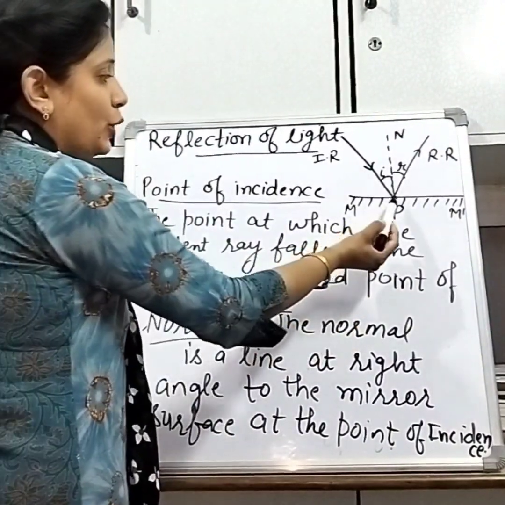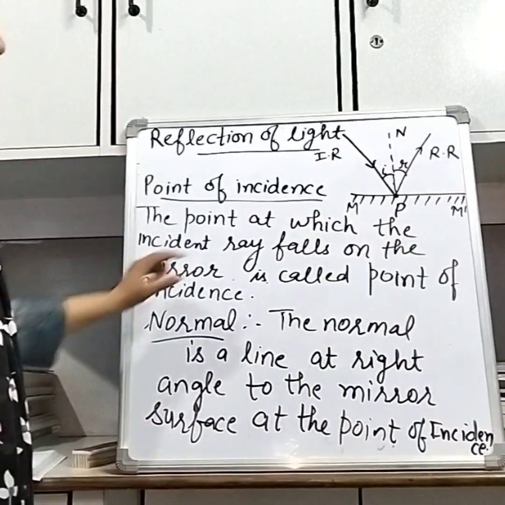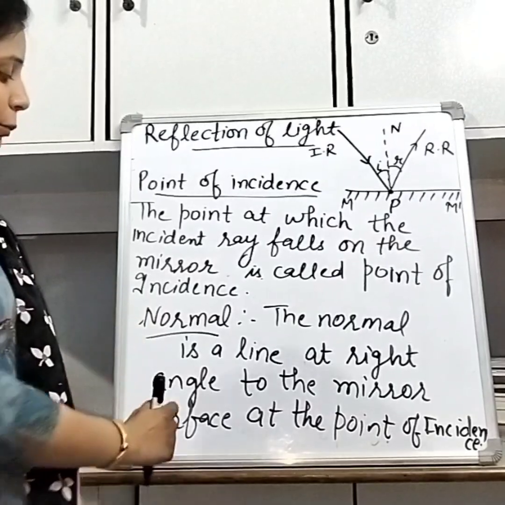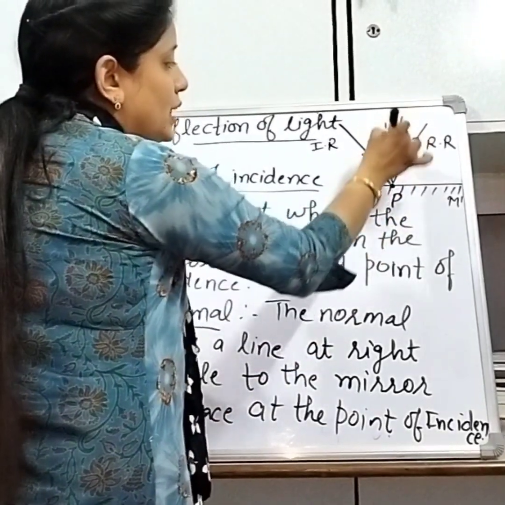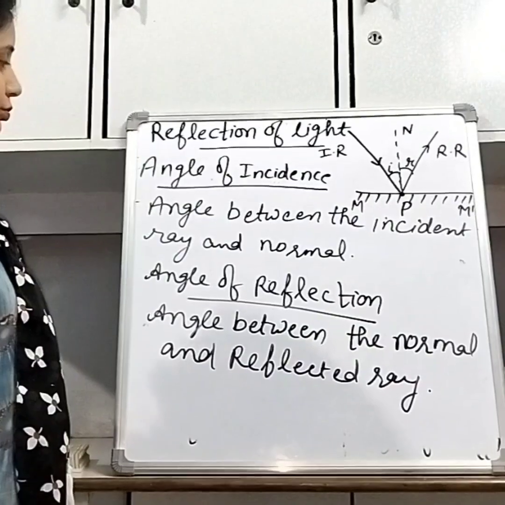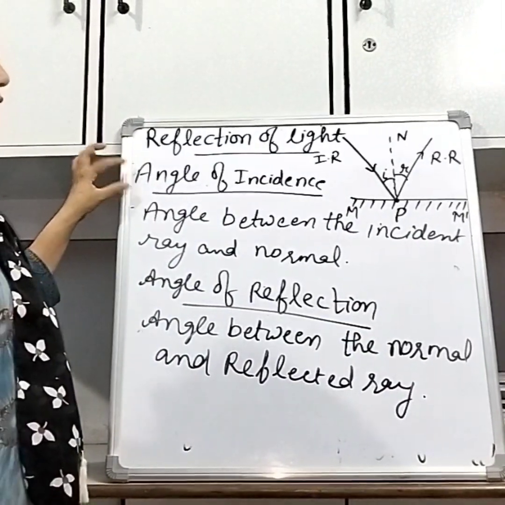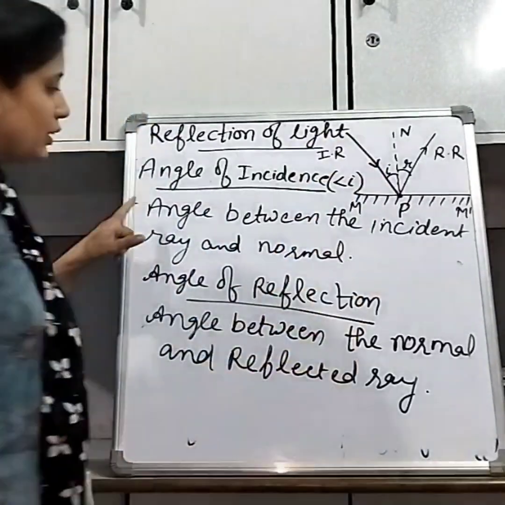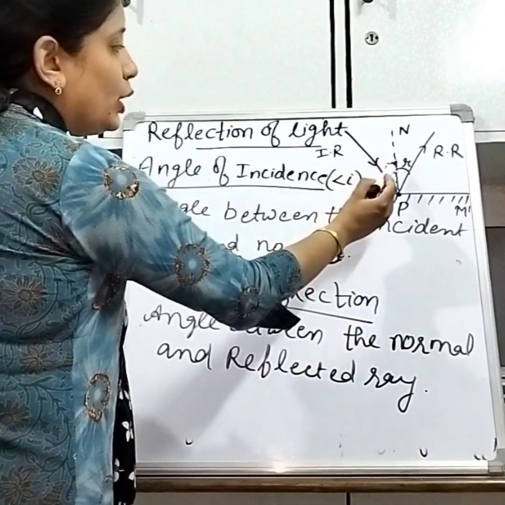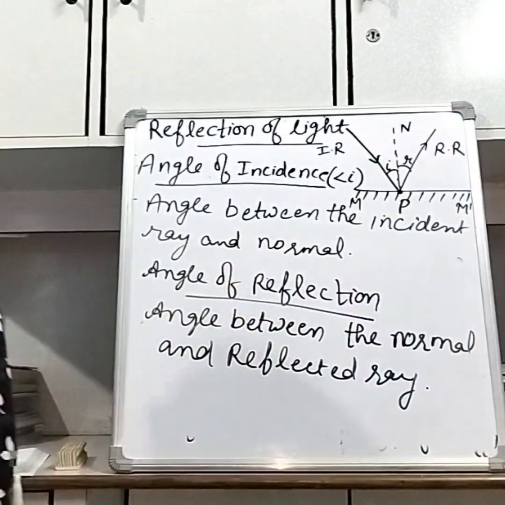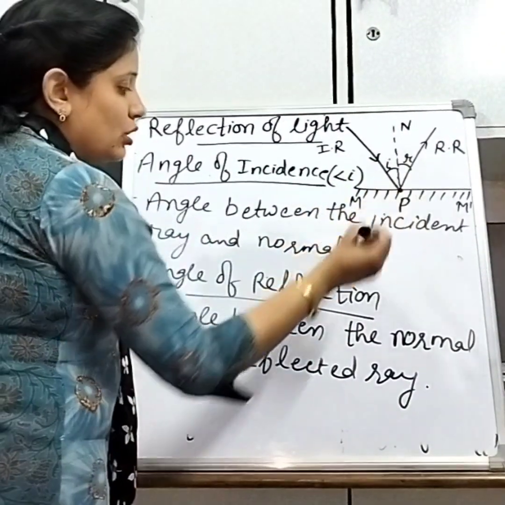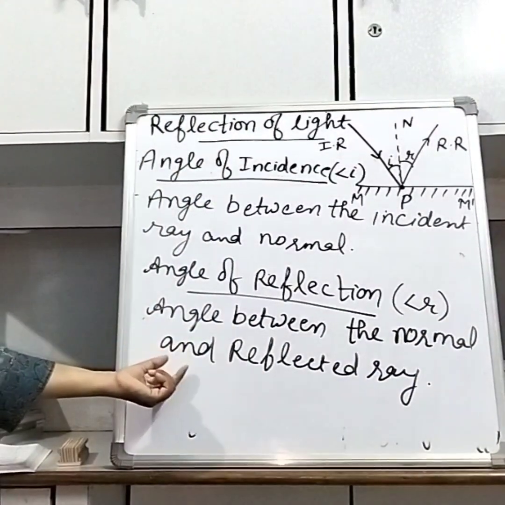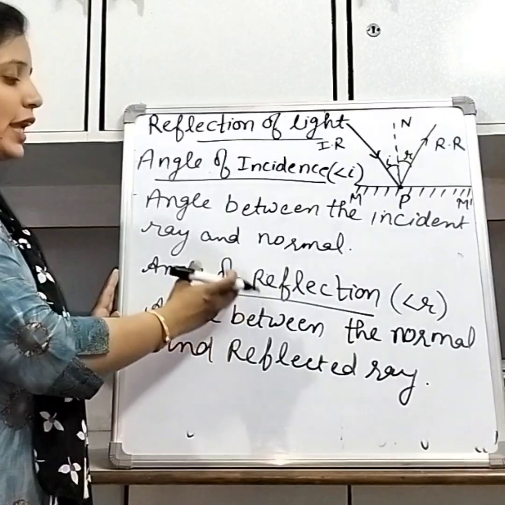Normal: the perpendicular line, at a right angle to the mirror surface at the point of incidence. Angle of incidence, angle I: the angle between the incident ray and the normal. And angle of reflection, denoted by the letter R: the angle between the normal and the reflected ray.